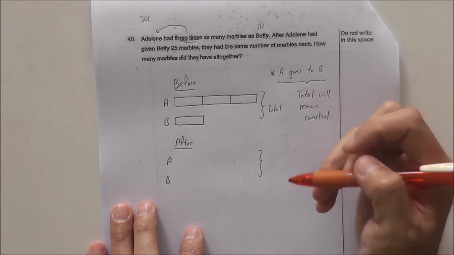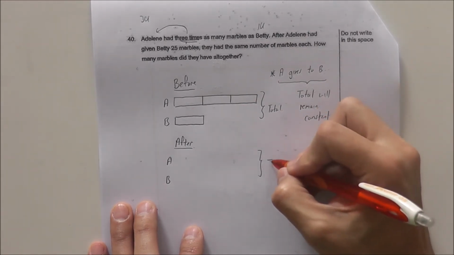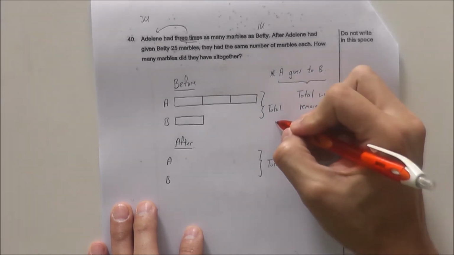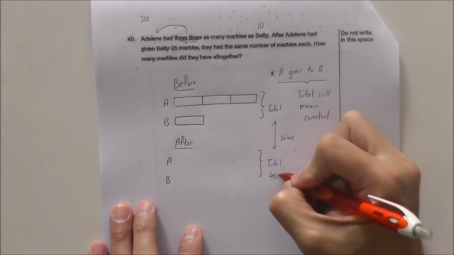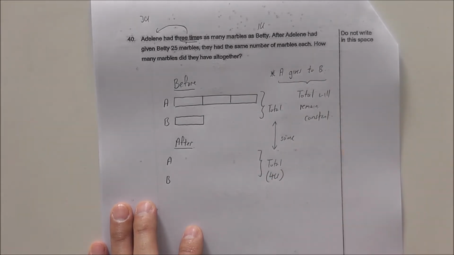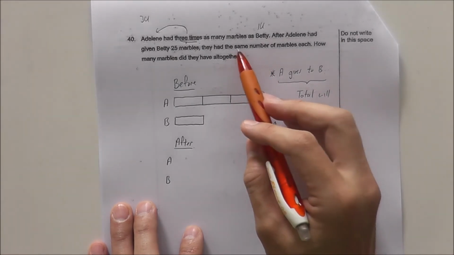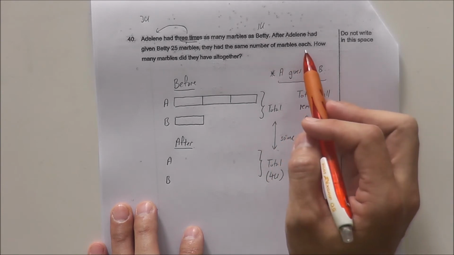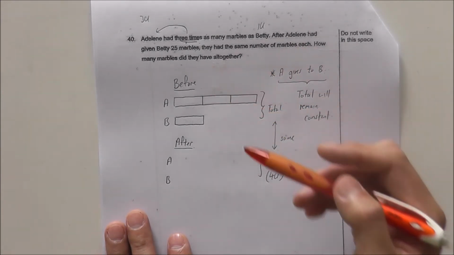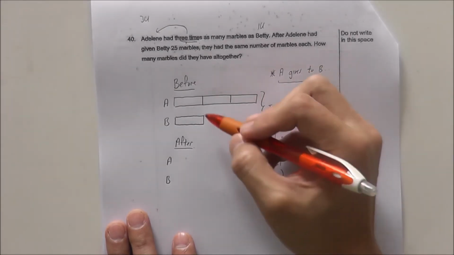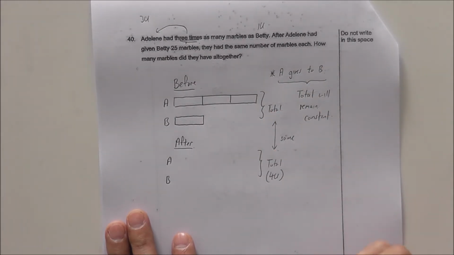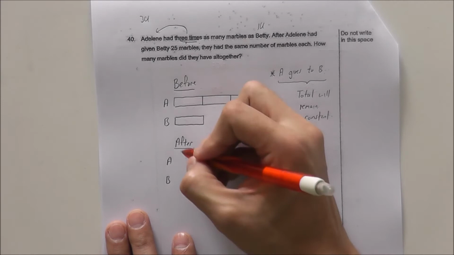Am I right? So after, the total has to be the same. You should also see the same 4 units. And it says that they had the same number of marbles each after Adeline gave Betty, right? So 4 units divided equally by 2, each one will have 2 units each.